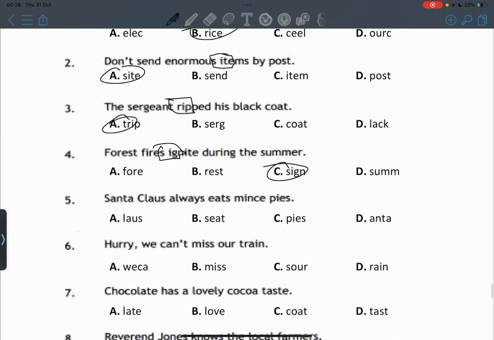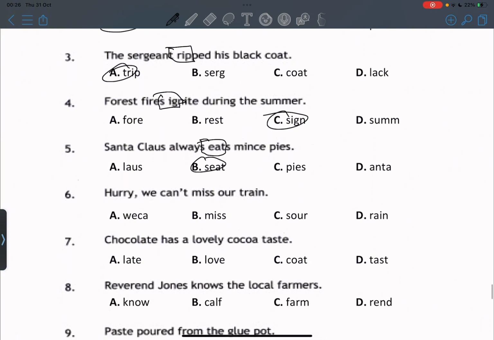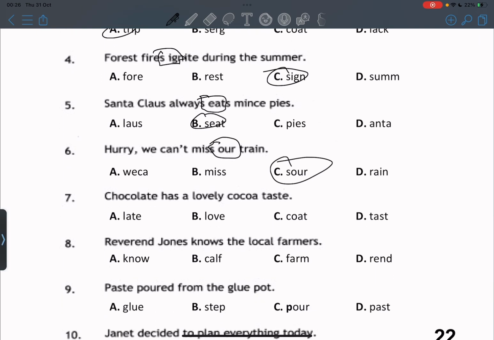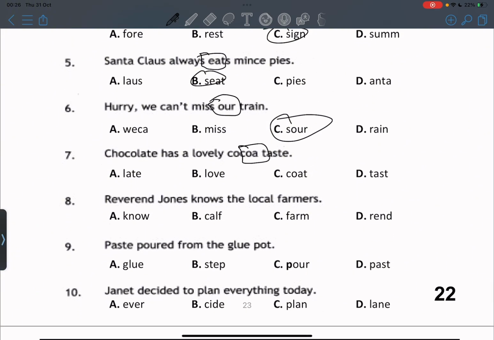Question 5, we've got seat. Question 6, we've got sour. Question 7, we've got coat. Question 8, we have got calf.